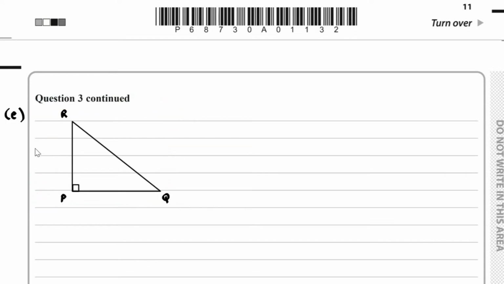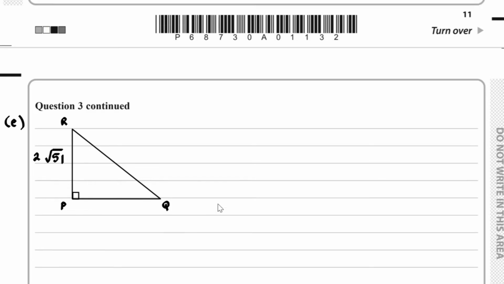So we've got the distance PR being 2 times the square root of 51. We can also determine the distance of PQ.